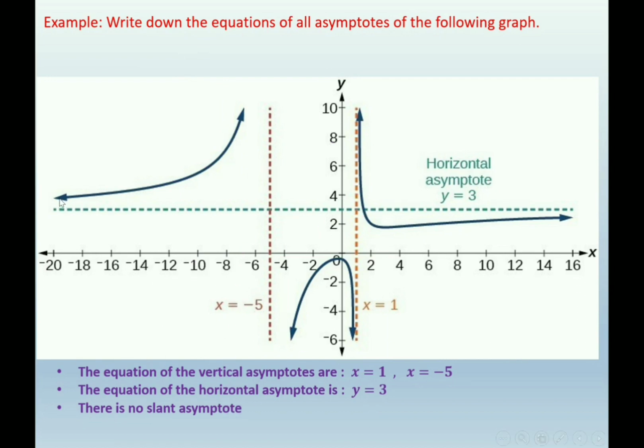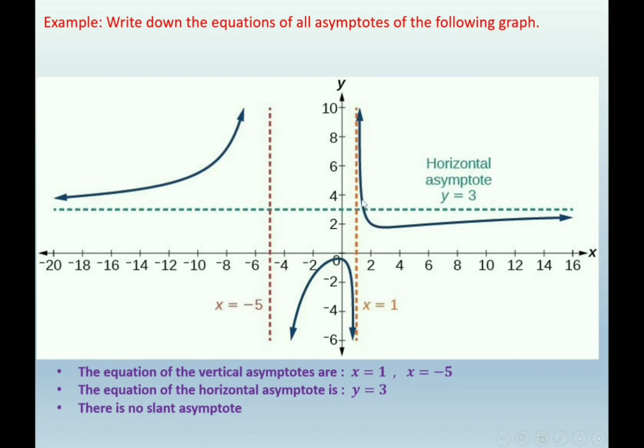According to this curve, you can see that as x approaches minus 5, our curve is going to infinity. And when the curve is going to minus infinity, it is getting closer to 3. It's clear here also: when your curve is going to plus infinity, it is getting closer to 3.